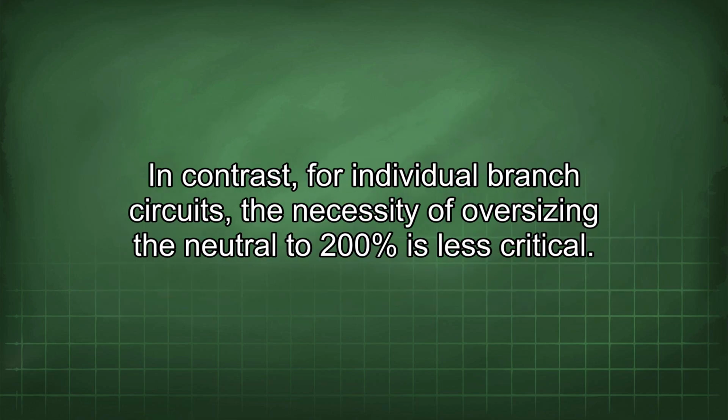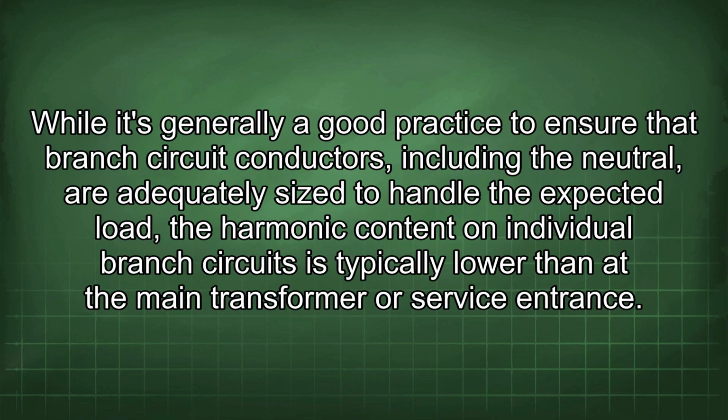In contrast, for individual branch circuits, the necessity of oversizing the neutral to 200% is less critical. While it's generally a good practice to ensure that branch circuit conductors, including the neutral, are adequately sized to handle the expected load, the harmonic content on individual branch circuits is typically lower than at the main transformer or service entrance.